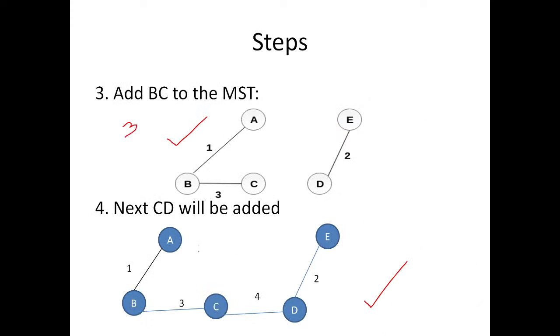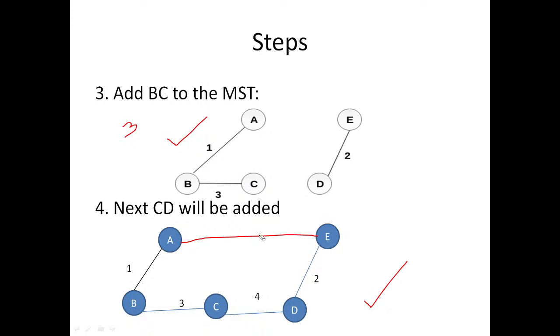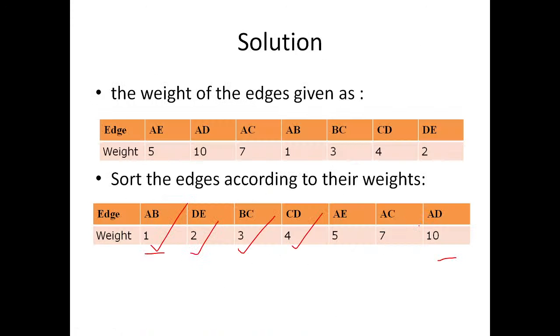See, if we add AE, this is creating a cycle. No cycles are allowed in a minimum spanning tree because this is a tree. No cycles can be here, right? So AE will be discarded. Next, AC.